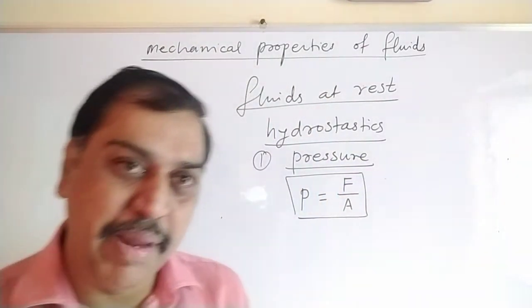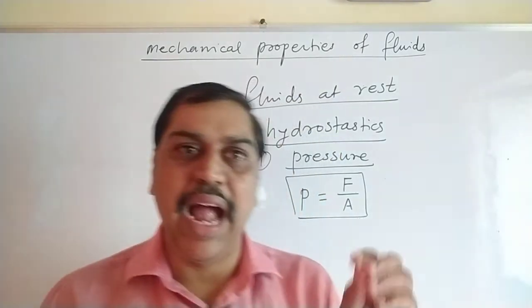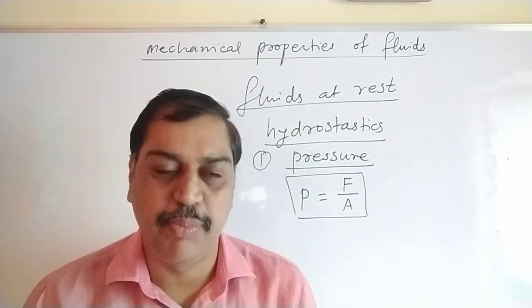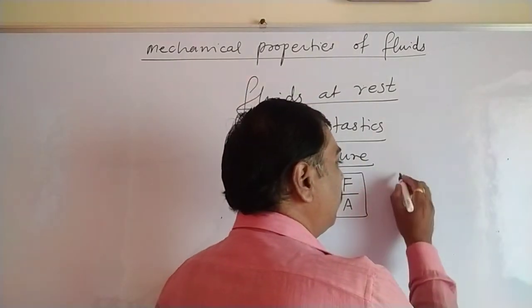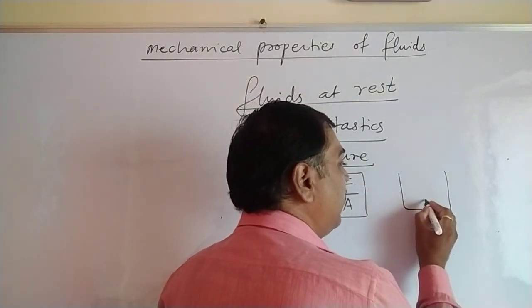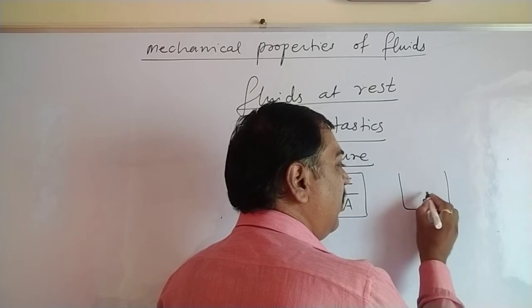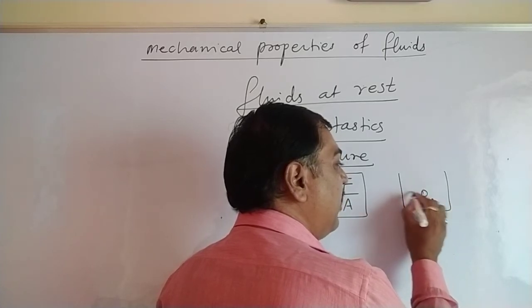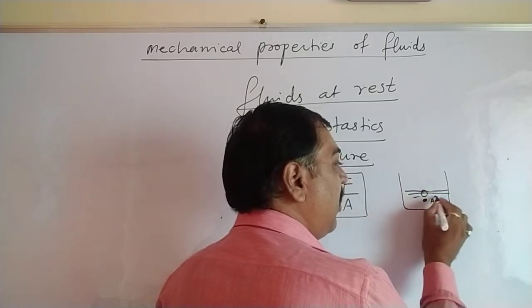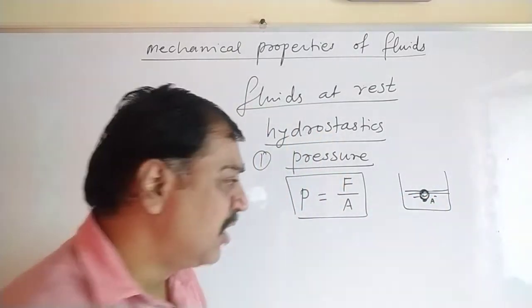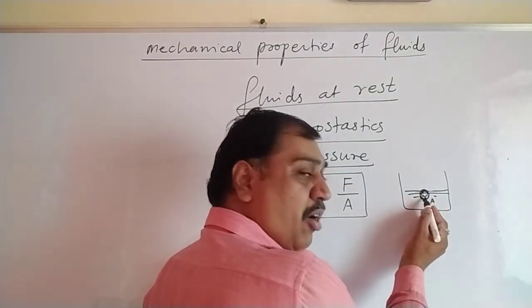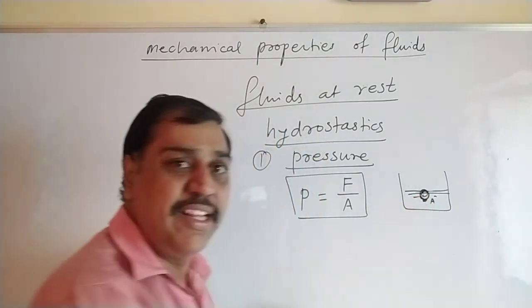And here remember, the applied weight may be very small. Suppose in this beaker we have taken a very small area, and some liquid is kept above the surface. We have kept this much liquid above this point A. Then the weight of the liquid above this point is very small.